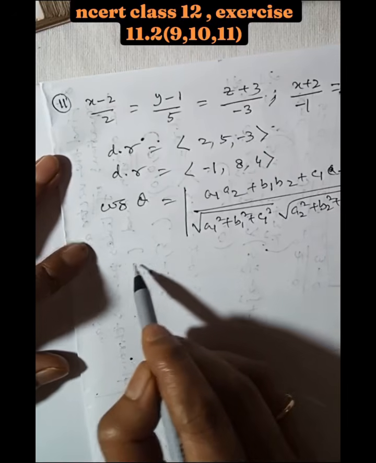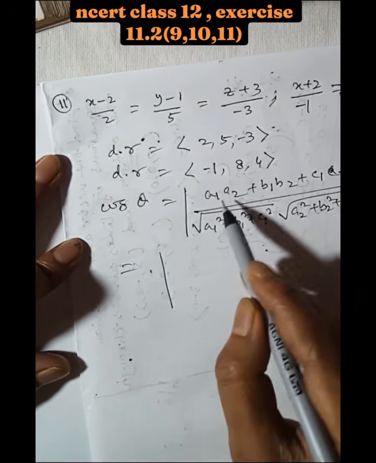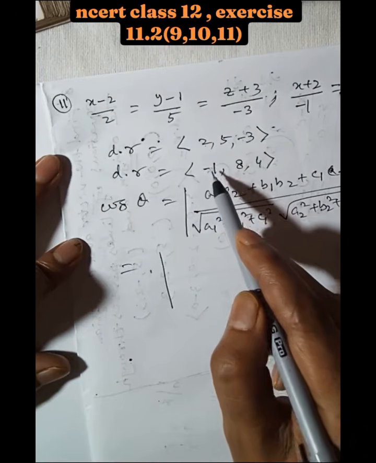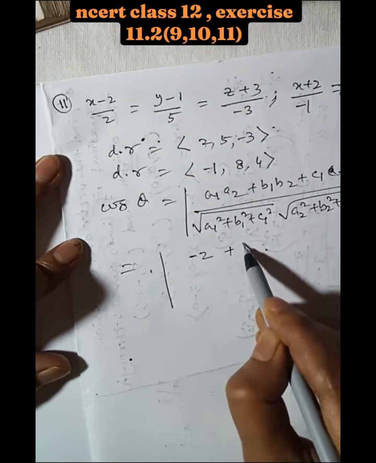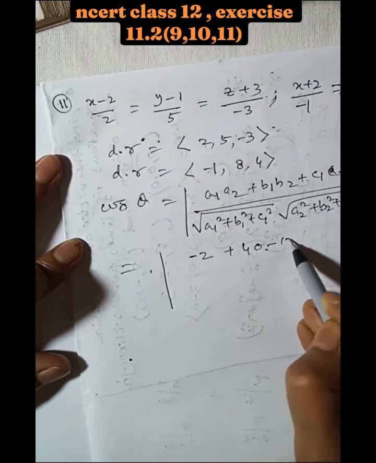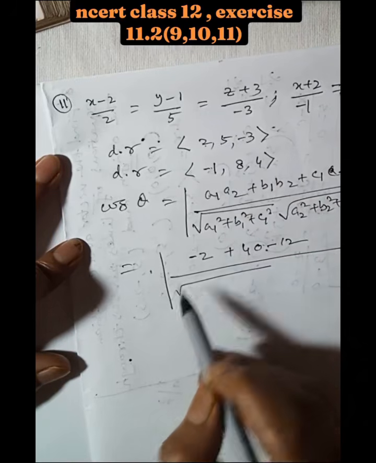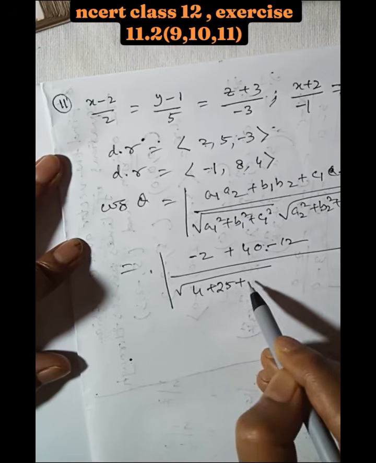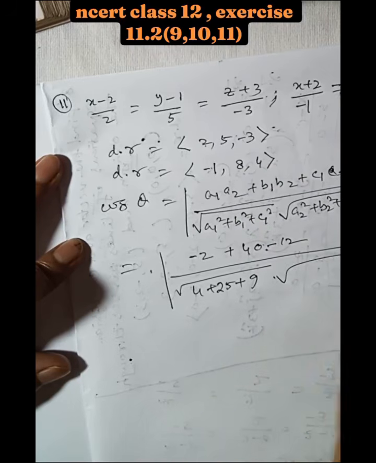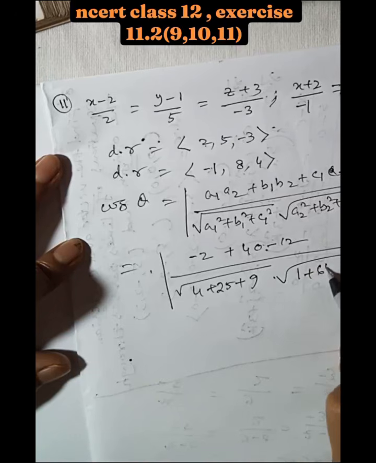Here a1 a2 plus b1 b2 plus c1 c2 is minus 2 plus 40 minus 12, divided by root over (4 plus 25 plus 9) multiplied by (1 plus 64 plus 16).